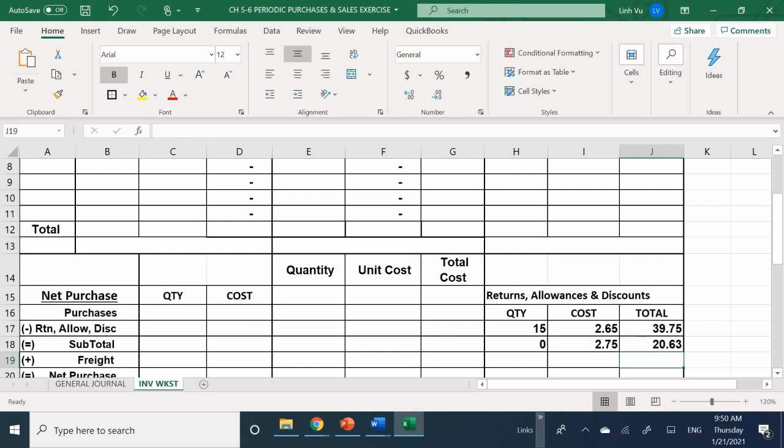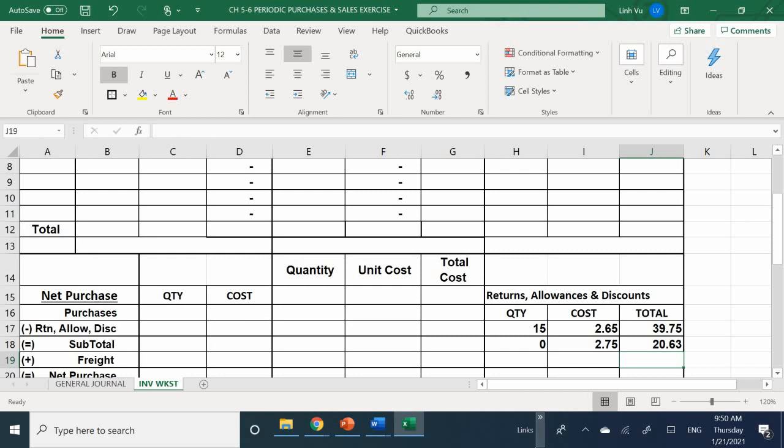Because did we actually do a refund? Did we actually return the product to the vendor? No. The vendor convinced us to keep the cups. All he did was give us an additional 15% discount because they sent us the wrong item.